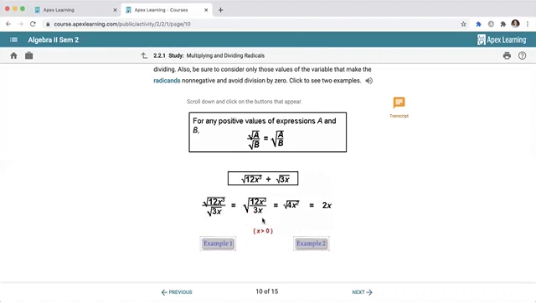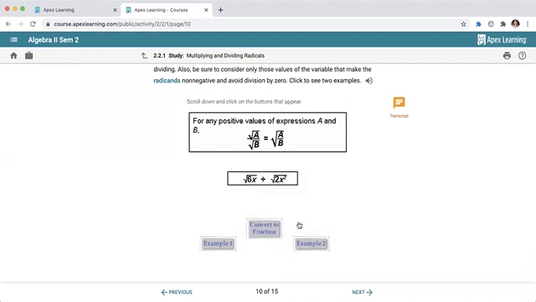If I look at this expression before I simplify it, what values of x would make this negative or undefined? The answer is it has to be something greater than 0. Any negative numbers would make these negative, and if I have a 0 in the denominator, that makes my expression undefined.